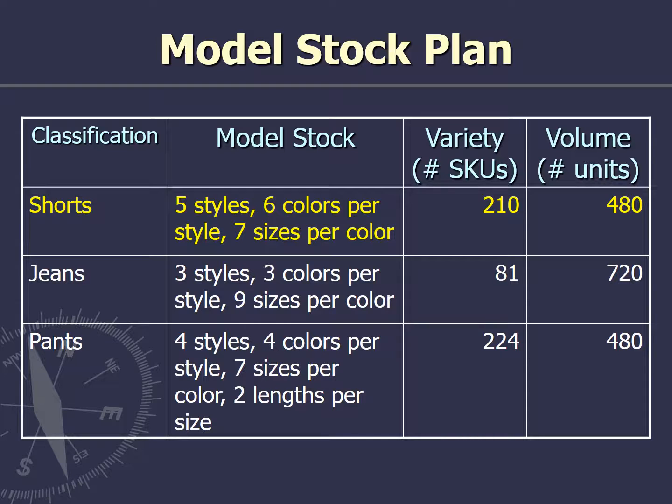And this decision leads to the variety of the assortment by multiplying the number of levels in each of the assortment factors. So 5 times 6 times 7 leads to 210 SKUs as the variety of the assortment. And then the volume plan is given. So for shorts, there are going to be 480 units that the buyer will purchase for the shorts classification.